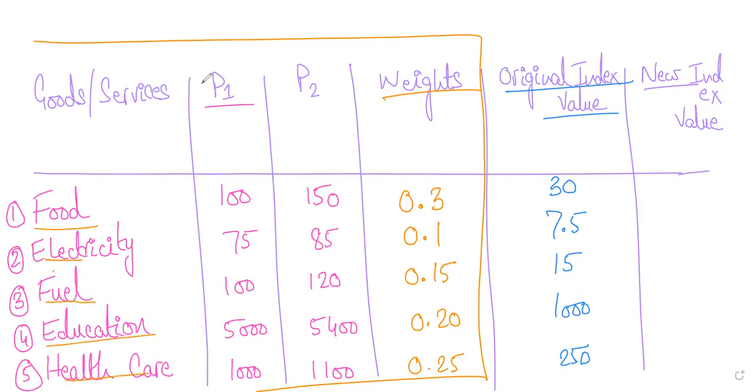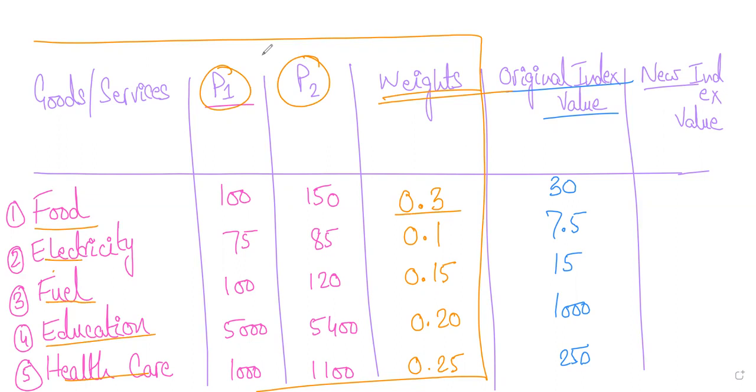We also gathered the data of what was the starting price of each of these items and what is the closing price of each of these items, right? Then we assign them weights on the basis of the proportion of income that a consumer spends on these items, right? So if a typical consumer in Pakistan spends 30% of his income on food, then the weight would be 0.3 and so on and so forth, right?